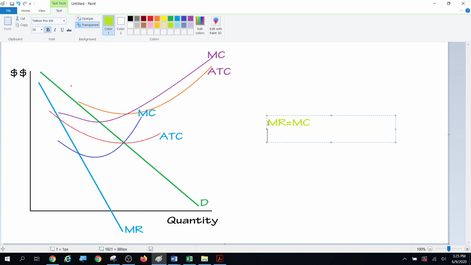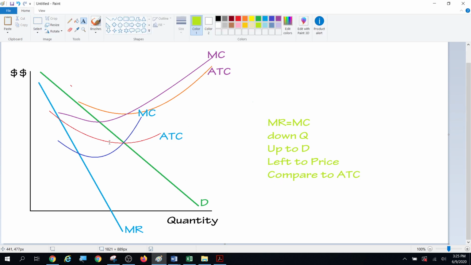And then we're going to go down to quantity and then up to the demand curve and then left to the price. And then we're going to compare to the ATC for profitability.